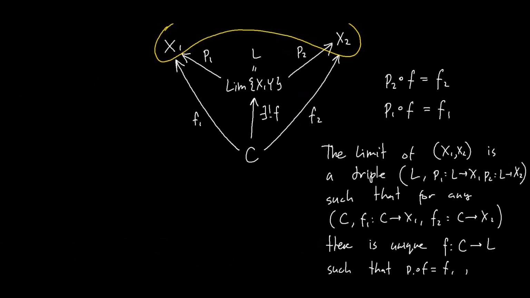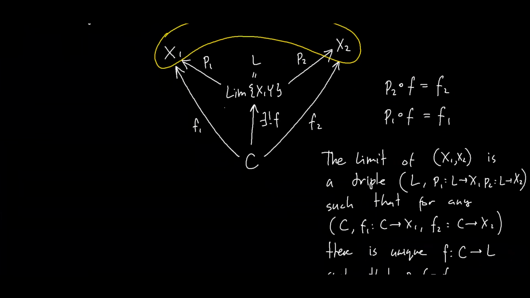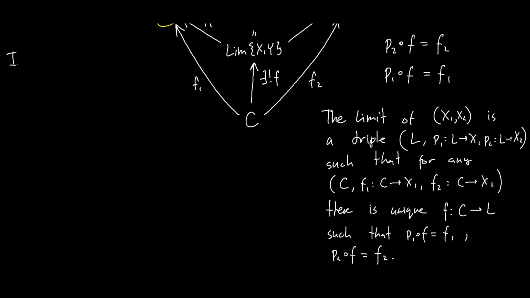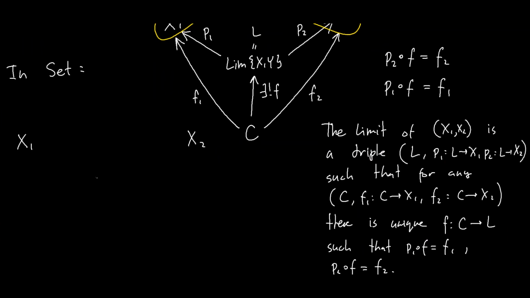And we will now see that in the category of sets, the definition that we gave here will give exactly the notion of Cartesian product of two sets. So this notion in the category of sets will become the notion of Cartesian product of sets, and we can confirm this by a proof.